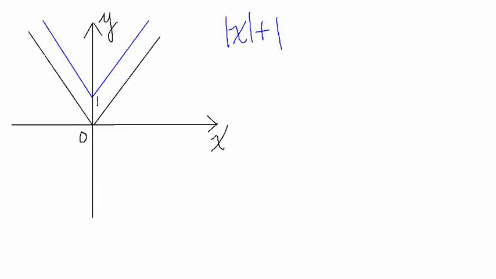Okay? Now, would you please tell me what the graph of this transformation looks like? The absolute value of x minus 3. So pause the video and do that now, please.